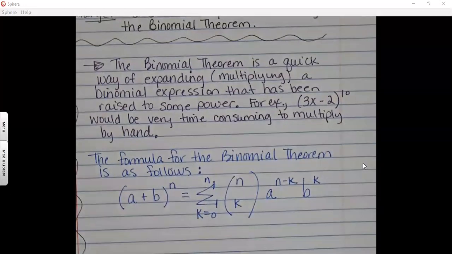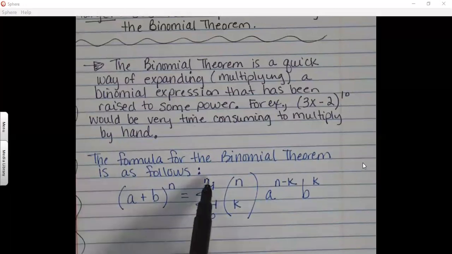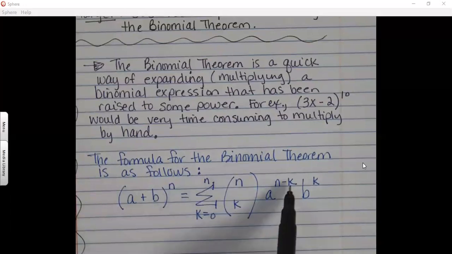What in the world is all that stuff? So basically that's saying when you have an exponent of n, that's what this is, and k is equal to 0, so highest value is your exponent down to 0, your first term would be your exponent minus 0 times the second term raised to the 0.